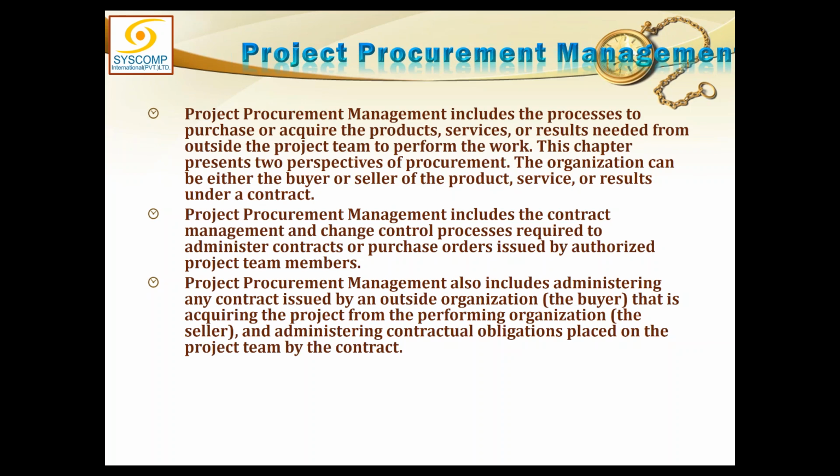For that purpose, we first have to develop a contract with each contractor, which is done in execution, and later in monitoring and control. In the process of control procurements, we are actually responsible for management of that contract and the change control process.